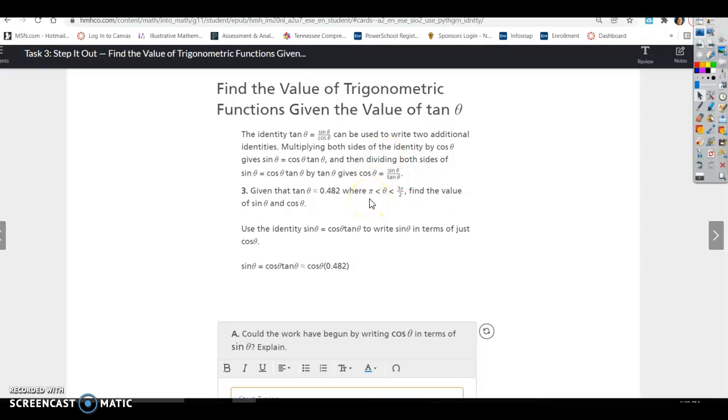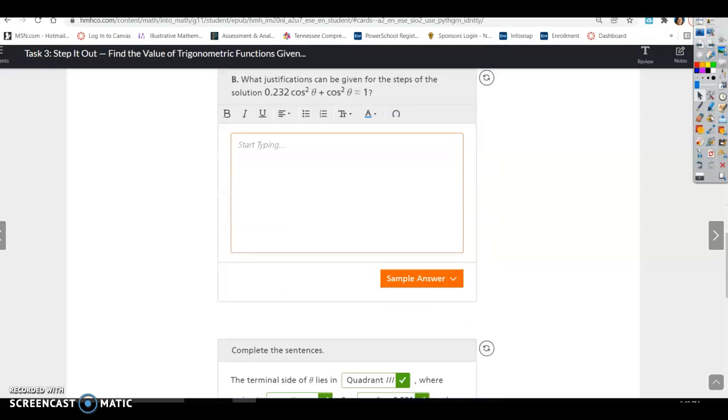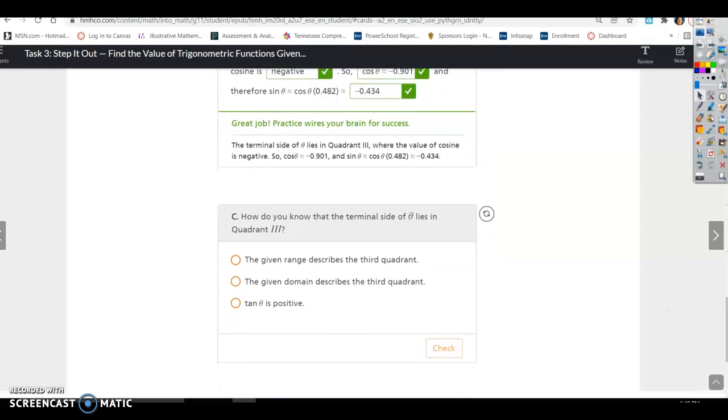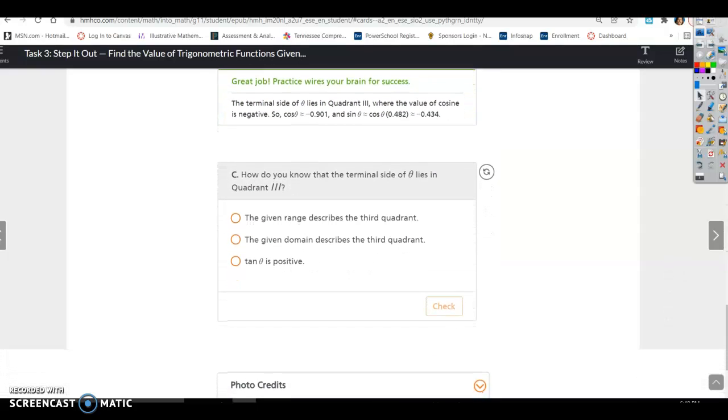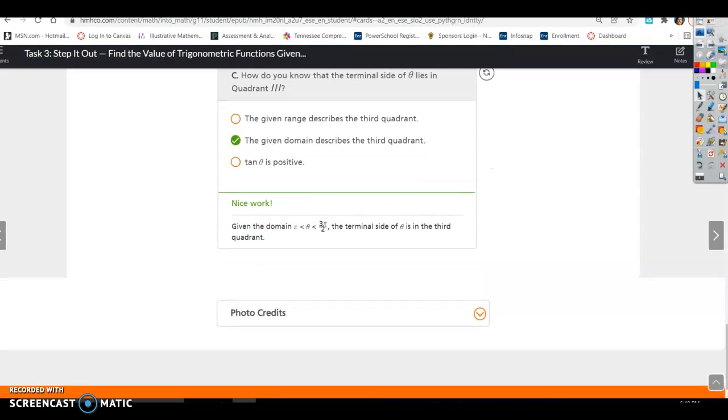It told us it lied between pi and 3/2 pi. So you have to know that that's 180 to 270, and that just indicates that it's in quadrant 3. All right, how do you know that the terminal side of theta lies in quadrant 3? Again, the domain describes the third quadrant. Okay, it doesn't have anything to do with the range or the tangent, just the domain.